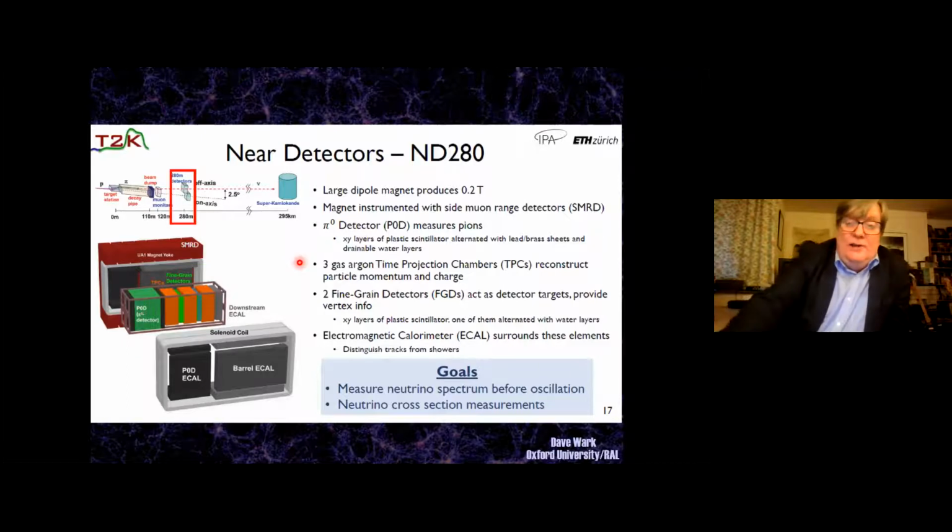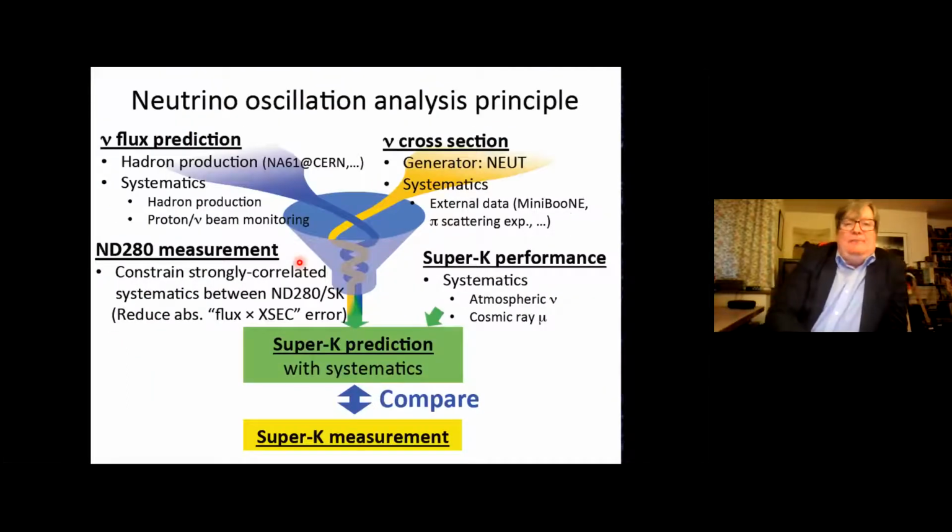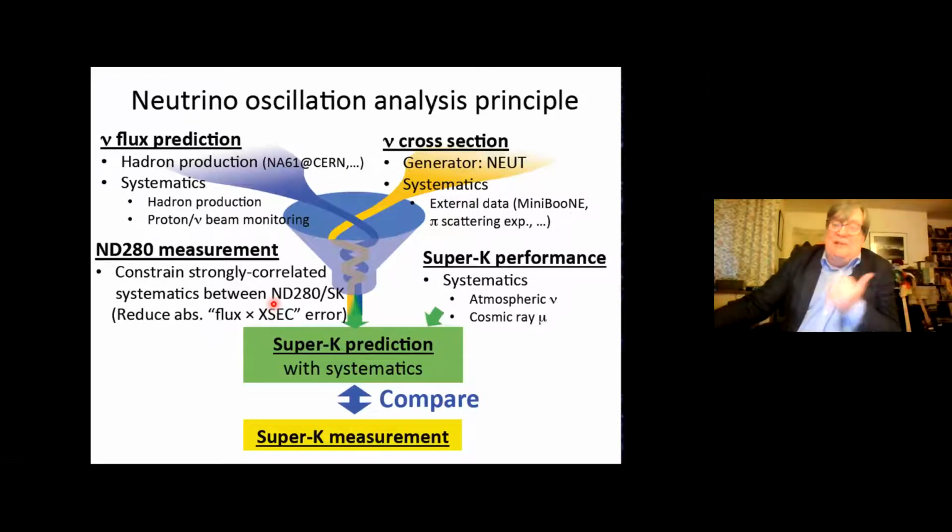Okay, we do all of that, and then we have to do a hell of a lot of work. The way you do the experiment, right, is you generate these neutrinos, and then you measure how many you see at the other end. And you have to compare the number you see to the number you expect. But to do that, you have to know how many you expected.